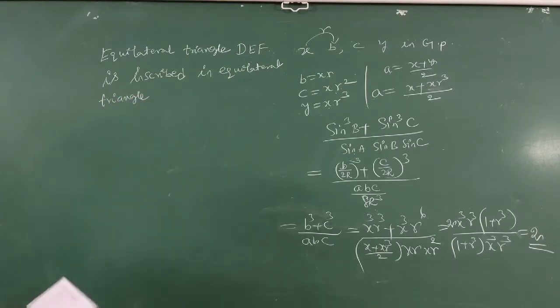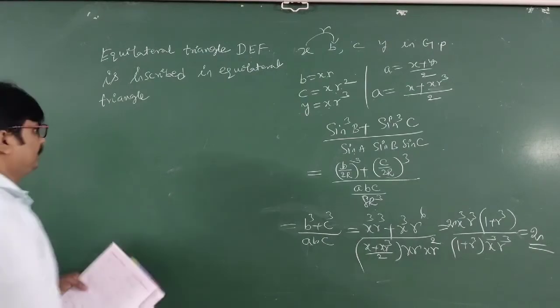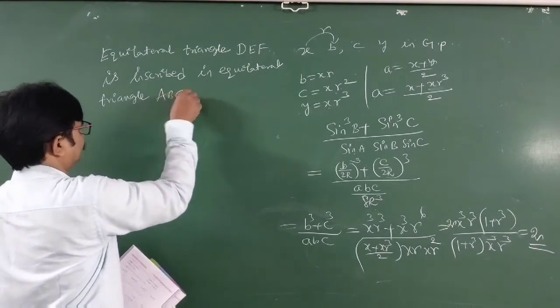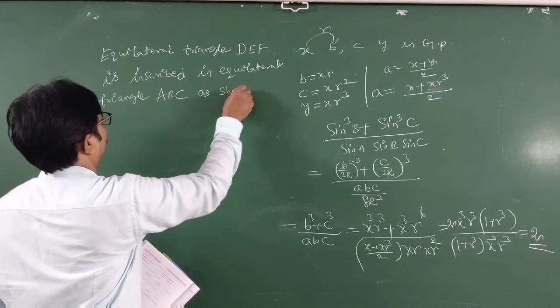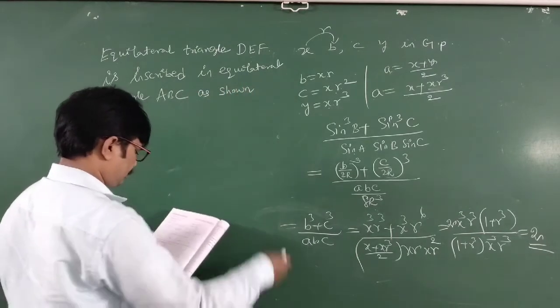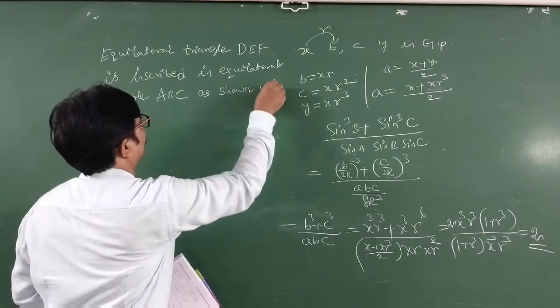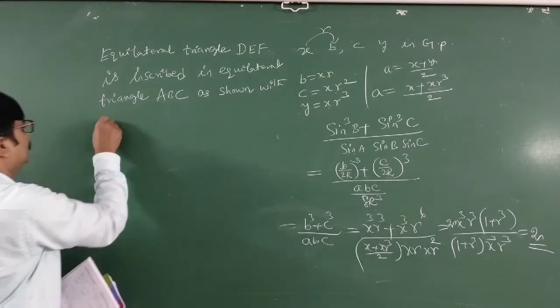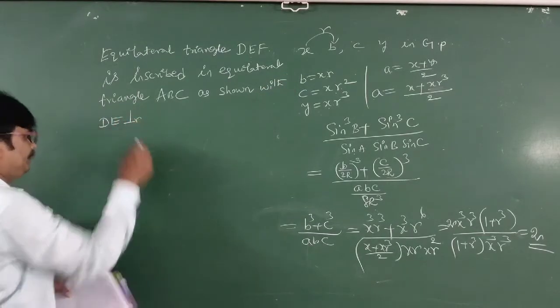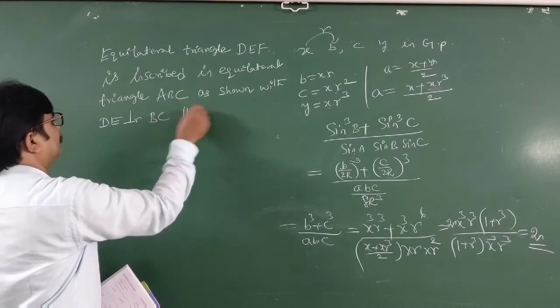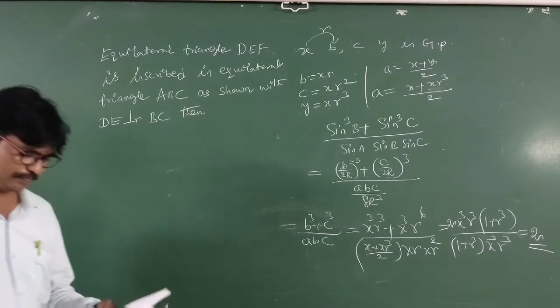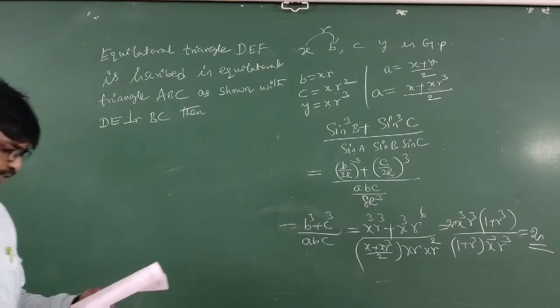My dear students, equilateral triangle DEF is inscribed in an equilateral triangle ABC, as shown with DE perpendicular to the BC.